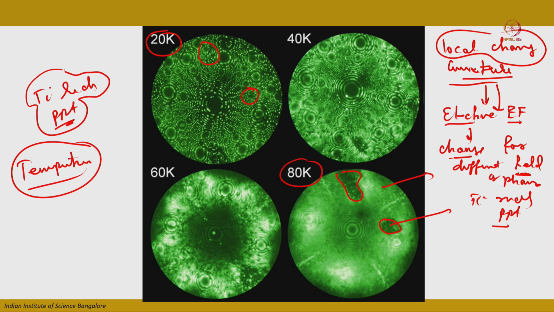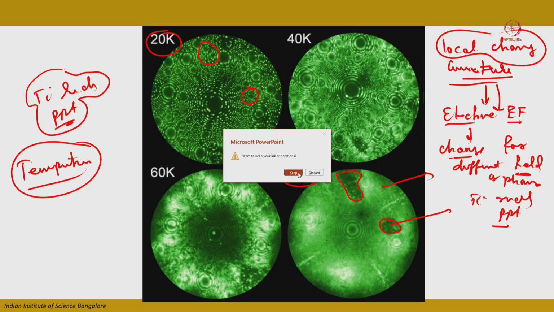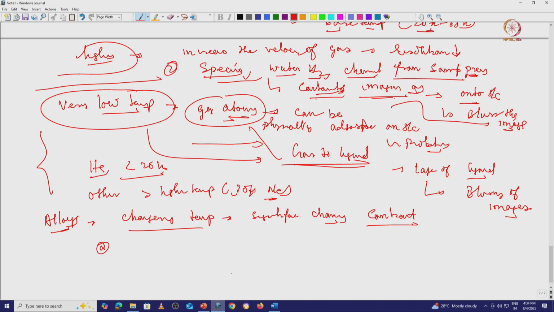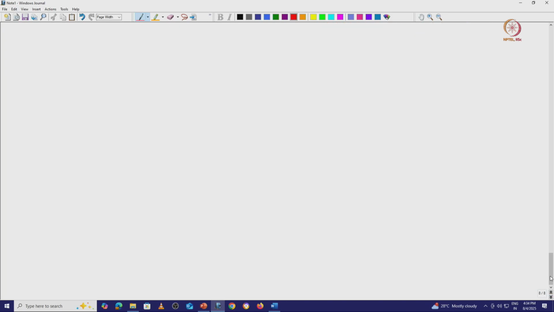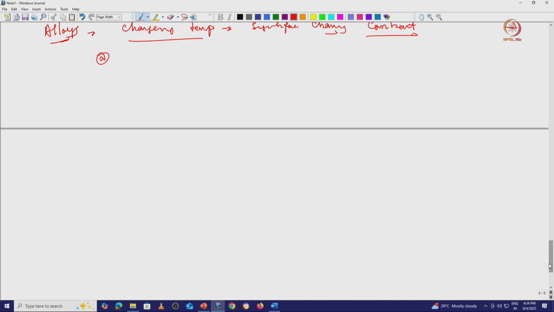Okay. We also talked about the best image field to get sharp images.